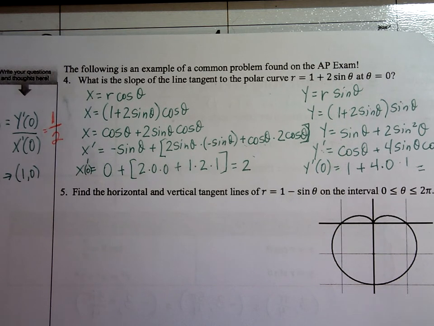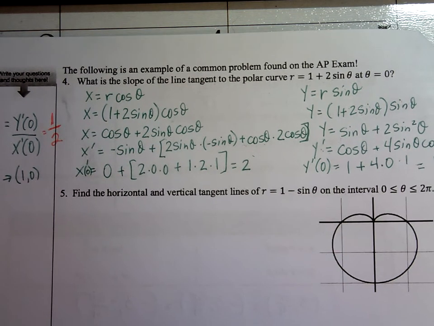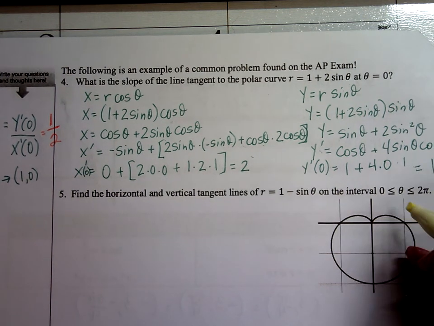This one, if I look at it, I'm trying to grab some highlighters here. Find the horizontal and vertical tangent lines of r equals 1 minus the sine of theta on the interval from 0 to 2 pi. And so if I look at the picture, think about horizontal tangent lines.